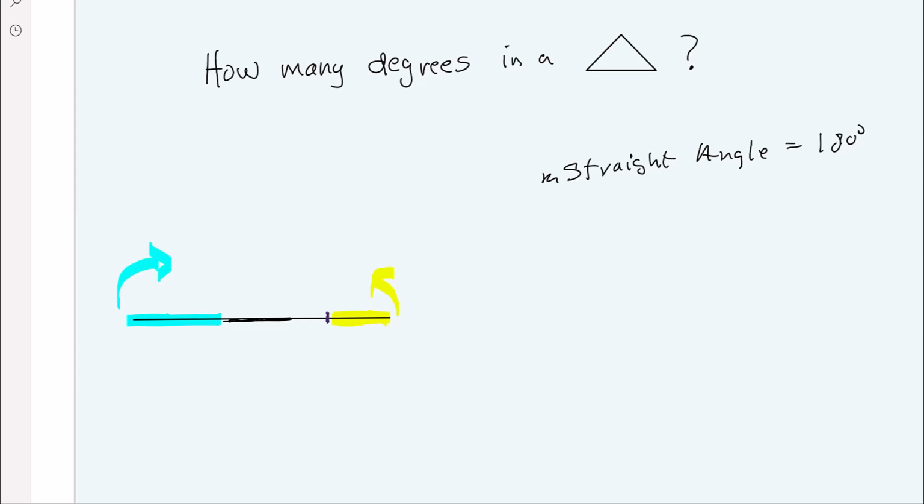I don't know if I'm going to be able to do this very well, but it might be more like this. There we go. Well, that straight line that's 180 degrees has now made a triangle. All triangles have 180 degrees within them.